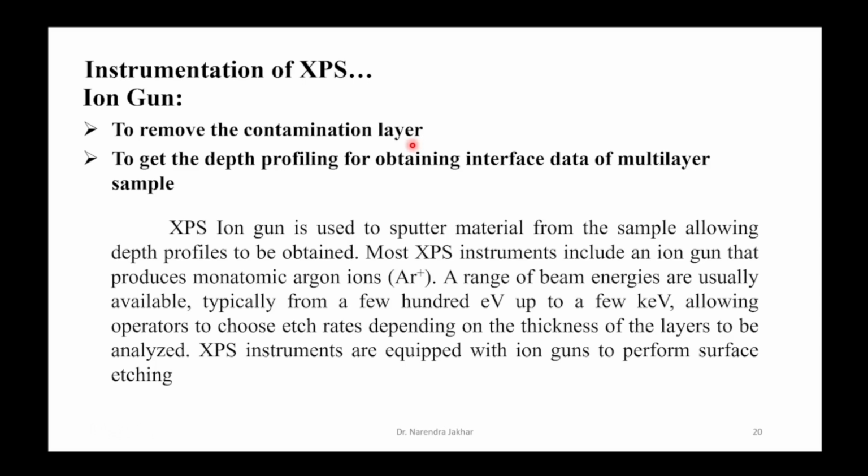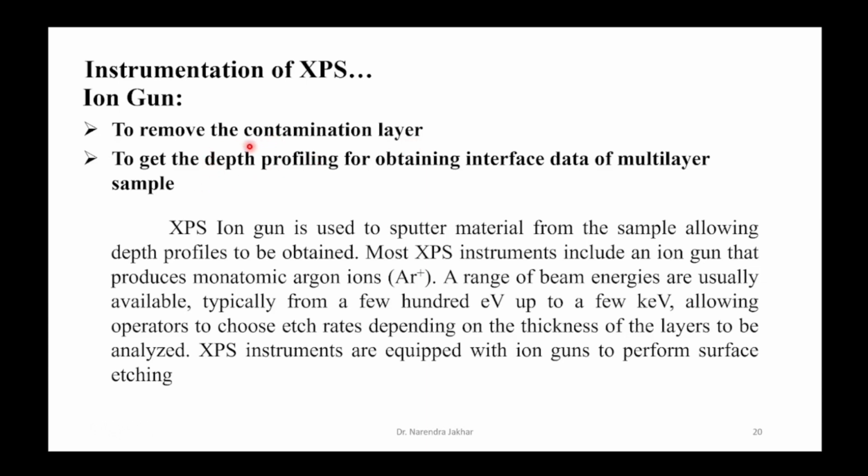Since XPS is especially a surface sensitive technique of a few nanometers, we are getting the wrong data when our surface is contaminated or has a contamination layer. So it is very essential to remove this contamination layer to get the true data from the surface only.